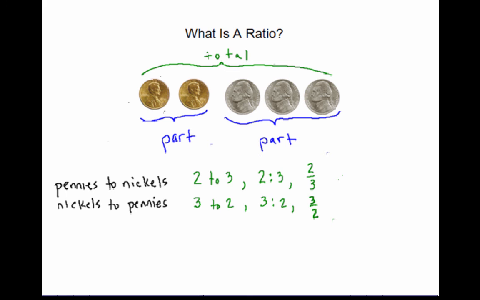Now let's look at part-to-total ratios. We can compare the quantity of pennies to the quantity of coins we have altogether. So that ratio would be pennies to total coins. The total number of coins is 5, so the ratio would be 2 to 5. And again, we can write that 3 different ways.